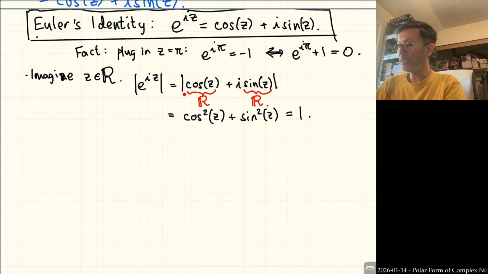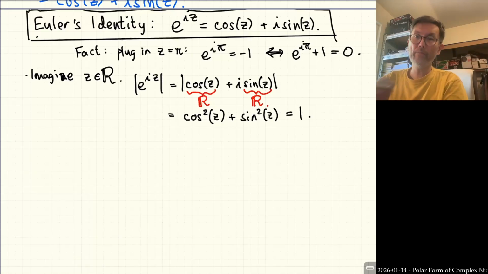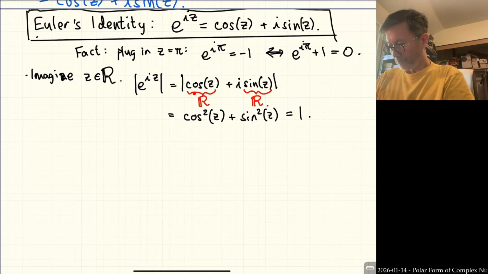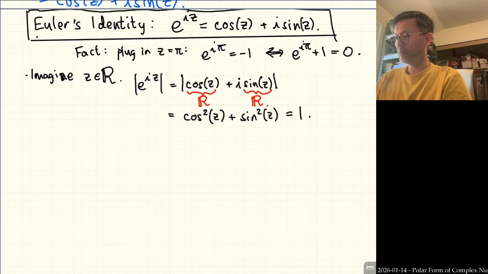So this is the honest to goodness rectangular form for a complex number. We know how to define the modulus of that. You just take the square of the real part and add to that the square of the imaginary part.